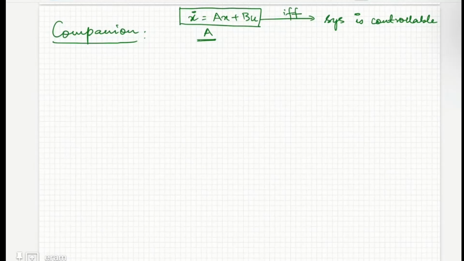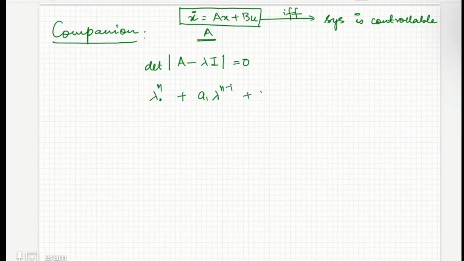Then the companion form for the system matrix A can be found from the characteristic equation of the state matrix A. Let's suppose we have the characteristic equation as lambda^n plus a1 lambda^(n-1) plus a2 lambda^(n-2) up to an equals 0.